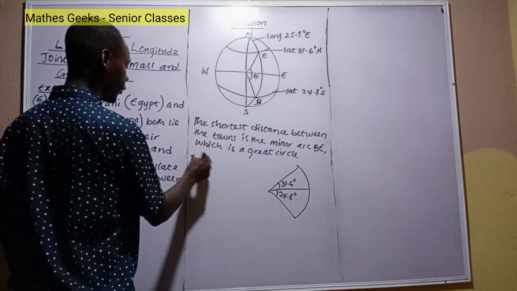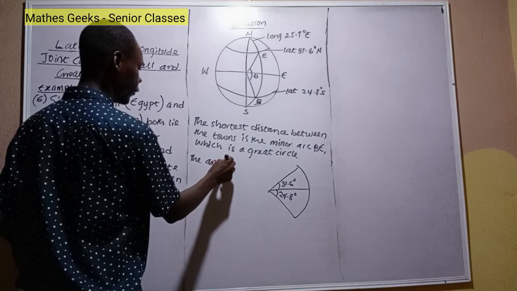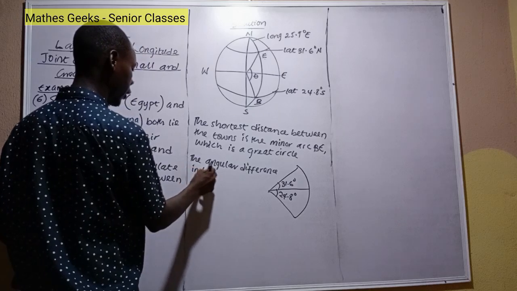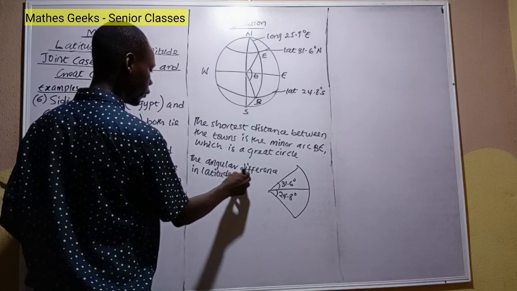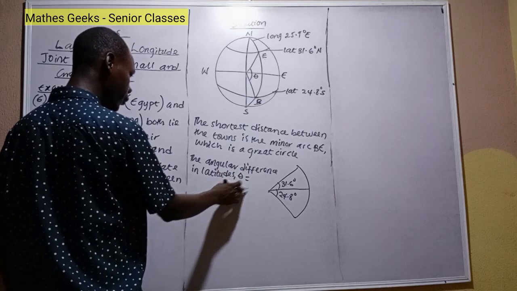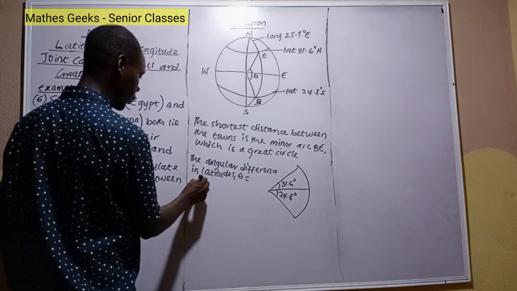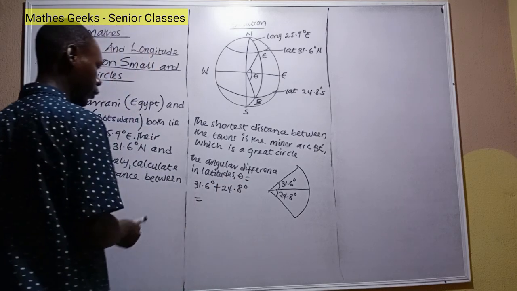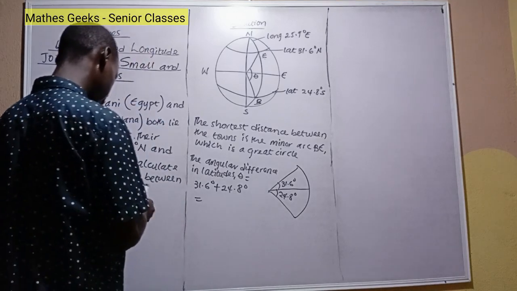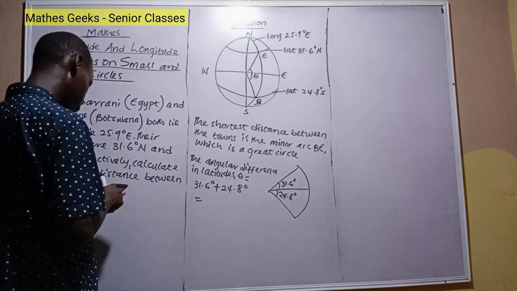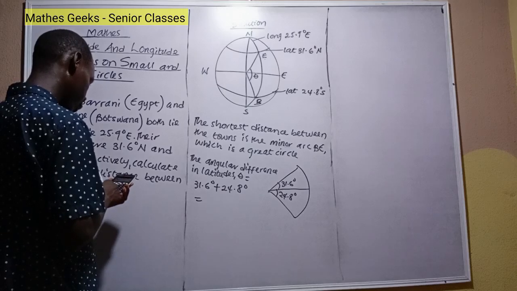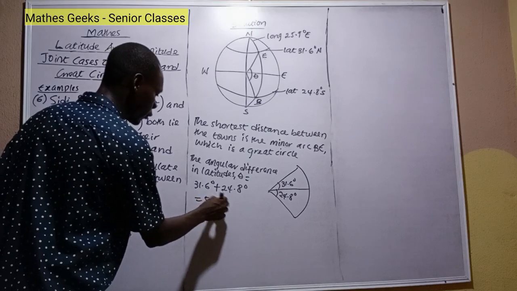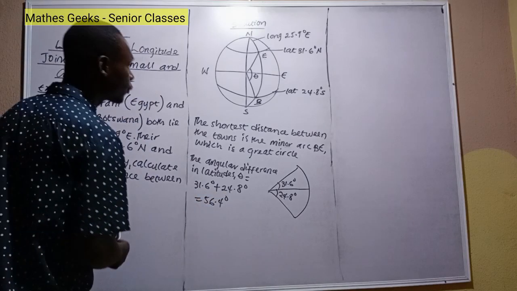Therefore, the angular difference in latitude, which is theta, is equal to 31.6 degrees plus 24.8 degrees. 31.6 plus 24.8, 56.4 degrees.